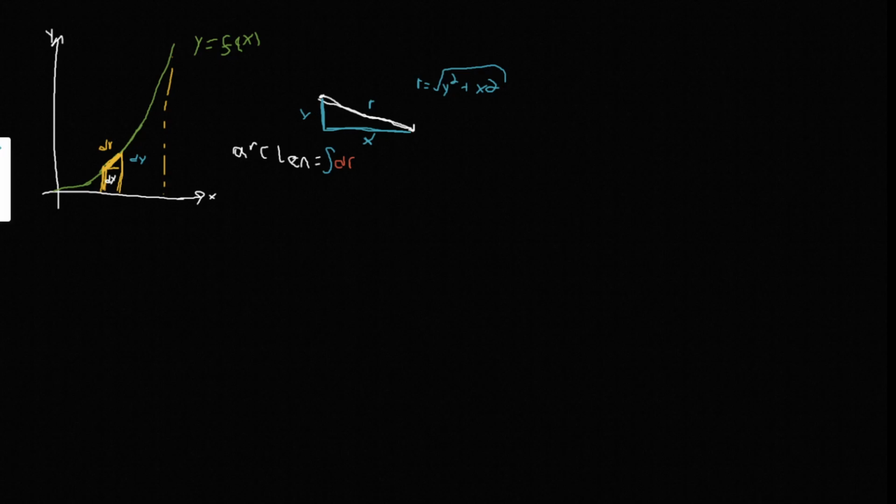We know that from here r is just the square root of x squared and y squared. So let's rewrite this equation in terms of that. Instead of x's and y's, it's dx's and dy's because we're doing tiny, tiny changes.